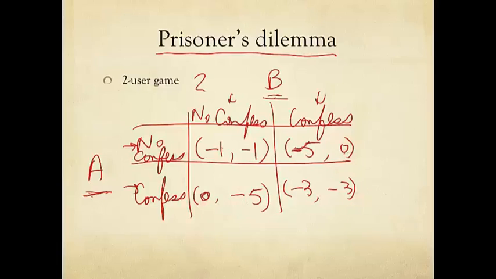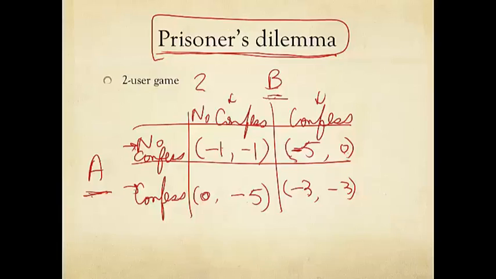So this defines the prisoner's dilemma game, because there are two players, each has a strategy set consisting of two possible strategies, and this table quantifies the payoff for each player, jointly determined by their respective strategies.